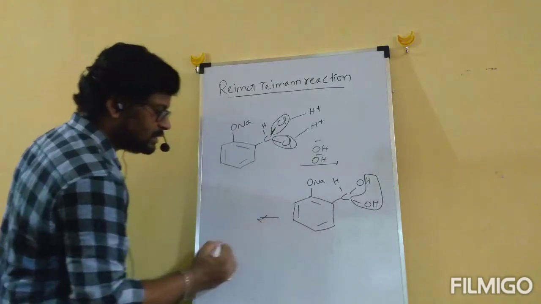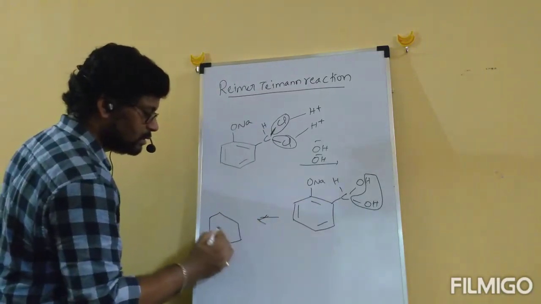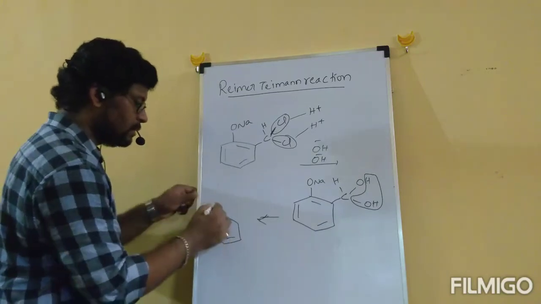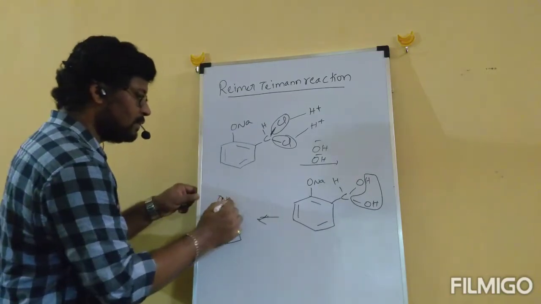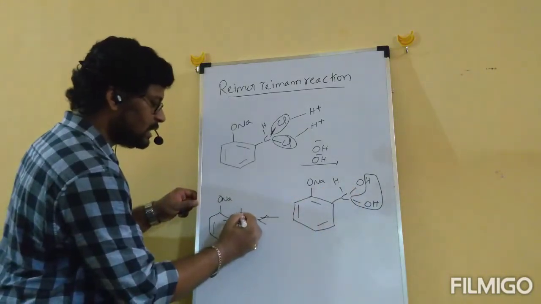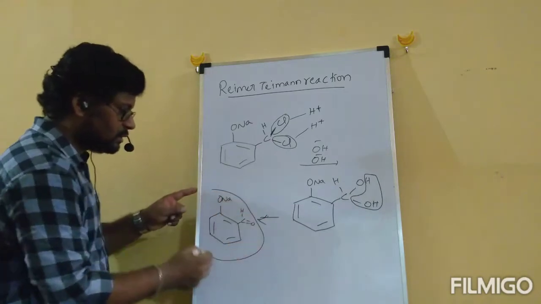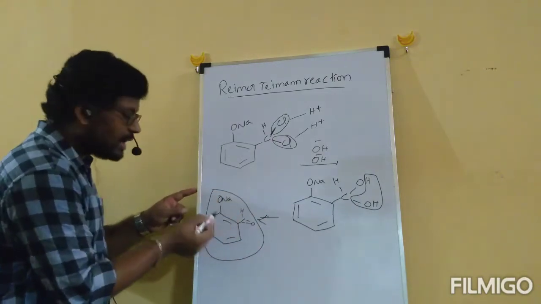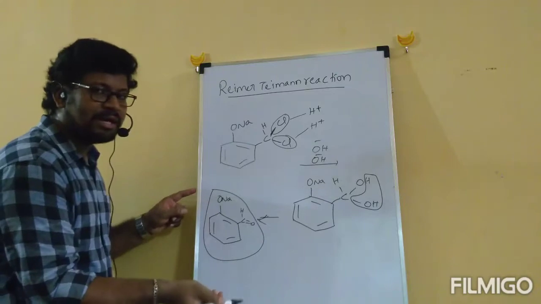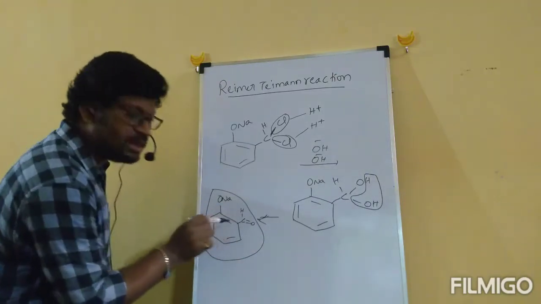Then the finally resulting compound is ONa with CH double bond O, which is called an aldehyde. And this ONa can be converted to alcohol easily. That is not a problem at all. Now this is converted to CHO.